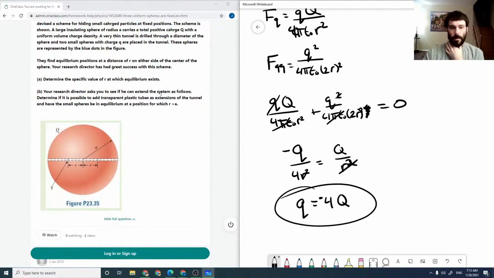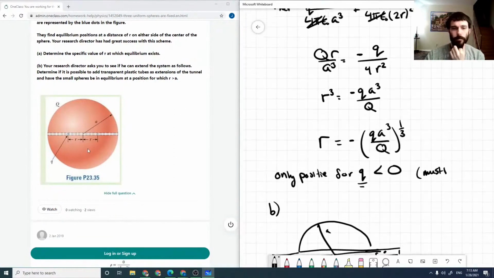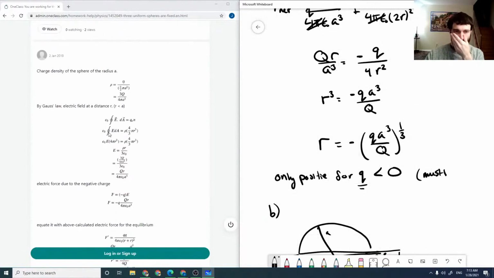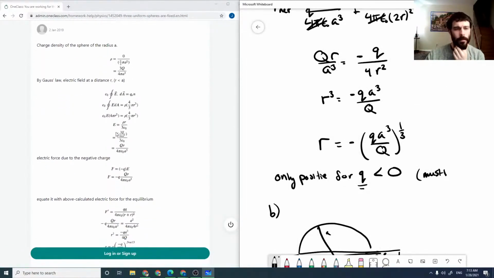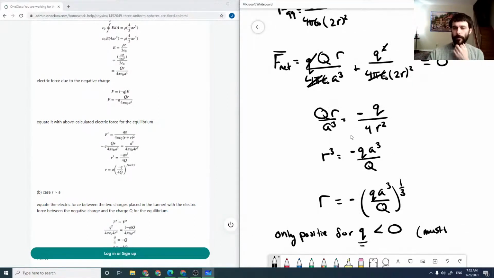Okay. Checking through the solution here. So we get that our r is minus q. Oh, I guess I could have brought the a out. Oh, I did drop the 4. My apologies, so that 4 just kind of disappeared. There should be a 4 here and a 4 here.